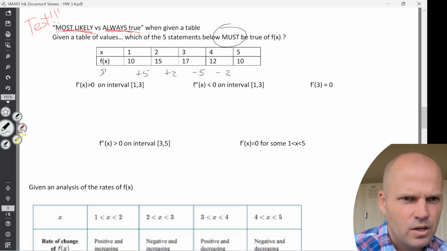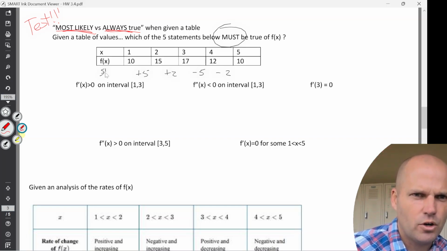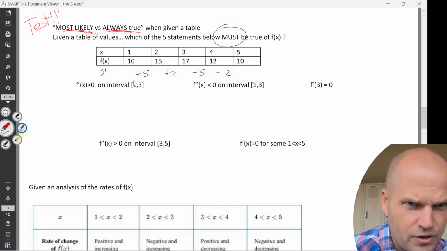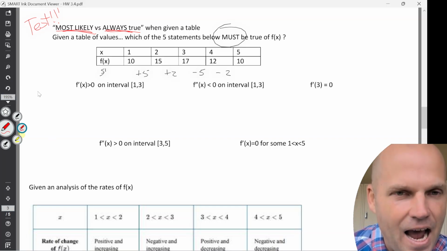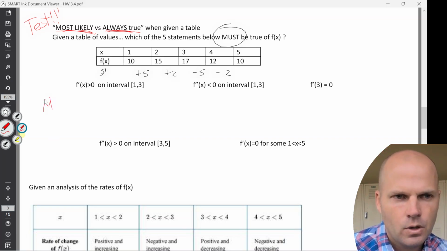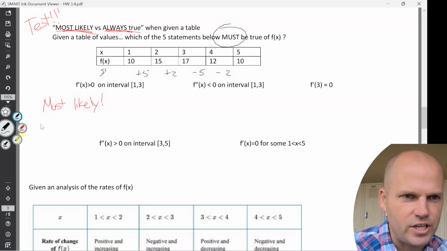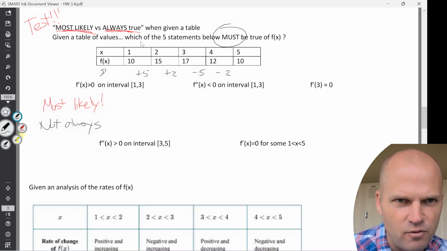For example, is f prime positive on the interval from 1 to 3? Well, you're like, oh yeah, f prime is positive on the interval from 1 to 3. But does it have to always be true? No. This is why this is a most likely. However, this is not a true statement, because I could put a value at 1.5 that is negative 4.